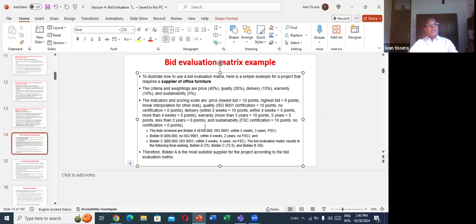So you see some idea of how we can identify the criteria, how we can give weightage for each criterion, and how we assign scores and marks. The bids received: bidder A, $100,000, within 2 weeks. Bidder B, $90,000, 4 weeks, no certificate.